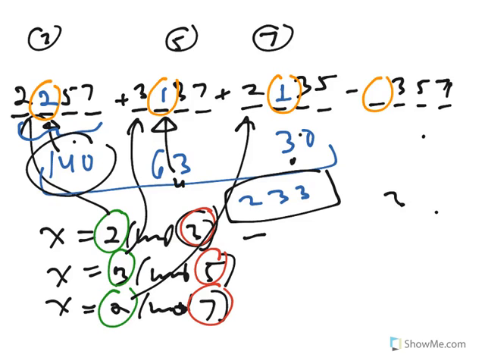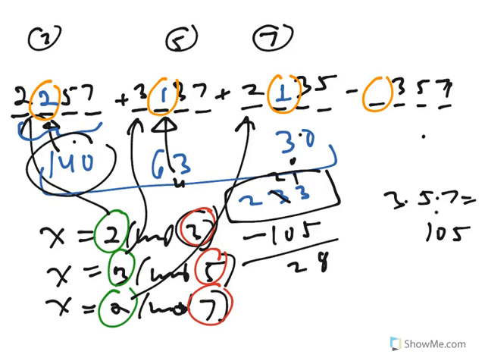If I subtract away 3 times 5 times 7, which is 105, from this, I get 128. That's also going to have remainder 2 when I divide by 3, remainder 3 when I divide by 5, and remainder 2 when I divide by 7, because all I did was take away 105, which is a multiple of all three of those things. But it's still not the smallest. If I take away another 105, I get 23, which is the smallest answer.